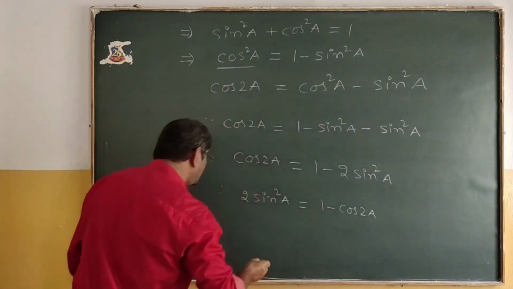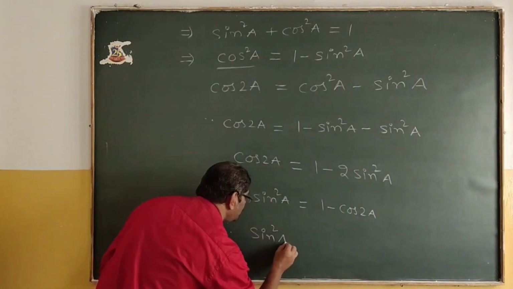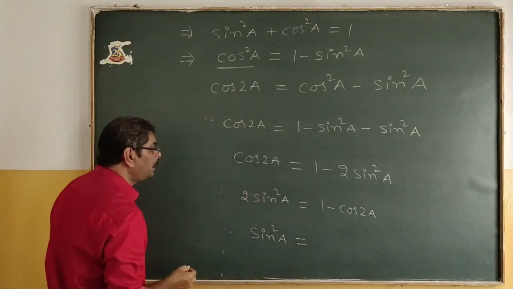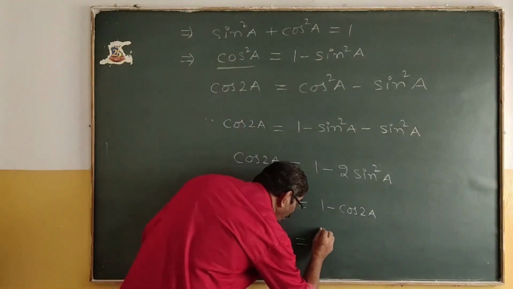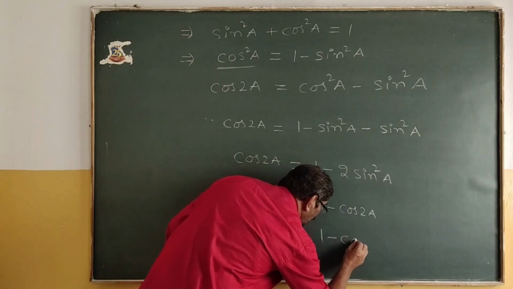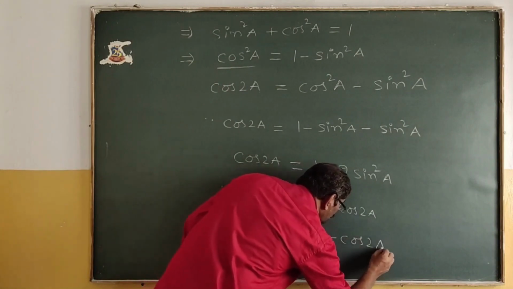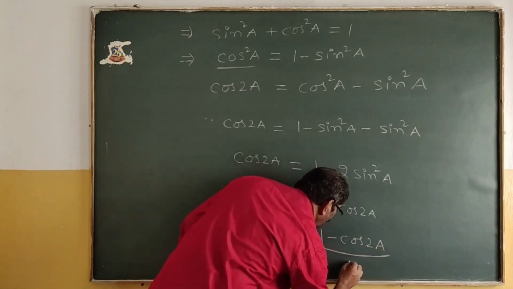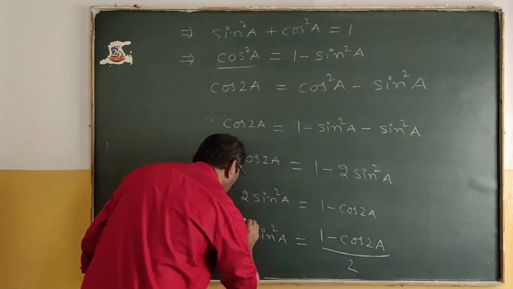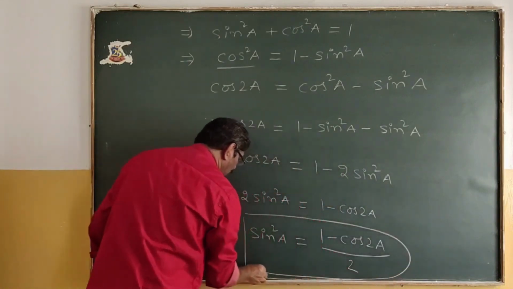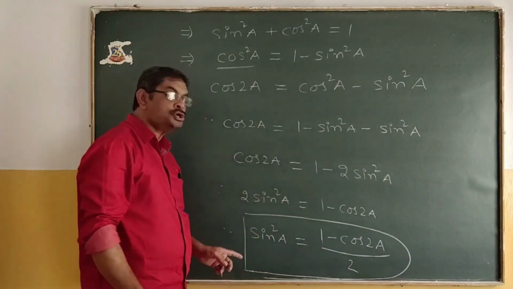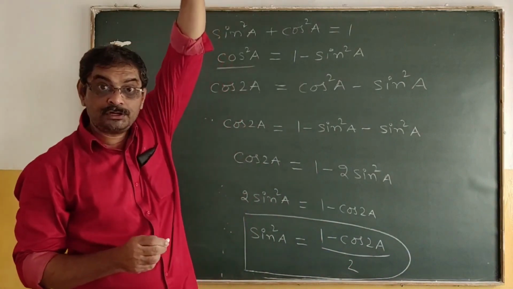So from here I can find the value of sine square A. So sine square A will be numerically equal to 1 minus cos 2A, whole divided by 2.